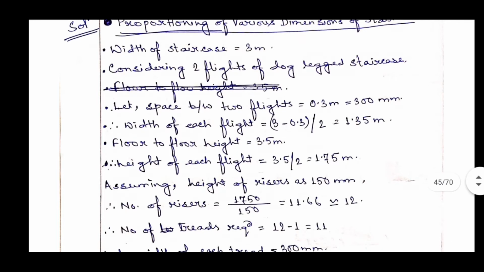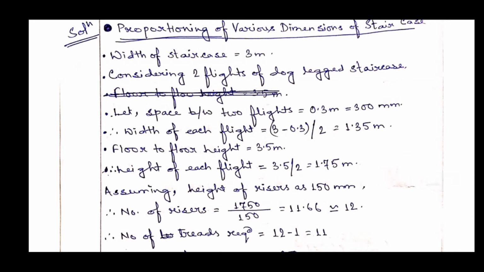From the geometry of the staircase, we know the number of treads required will be just one less than the number of risers. So the number of treads required is equal to 12 minus 1, that is 11, because the last tread will be the landing.